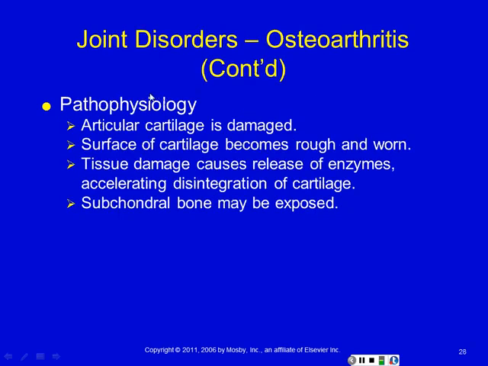So the pathophys here is the articular cartilage is damaged. Remember that bone ends like this, and between this bone and the next bone in the chain, so this is the tibia, this is the femur, the ends of bones are always covered with this strong, slick, smooth cartilage called articular cartilage.